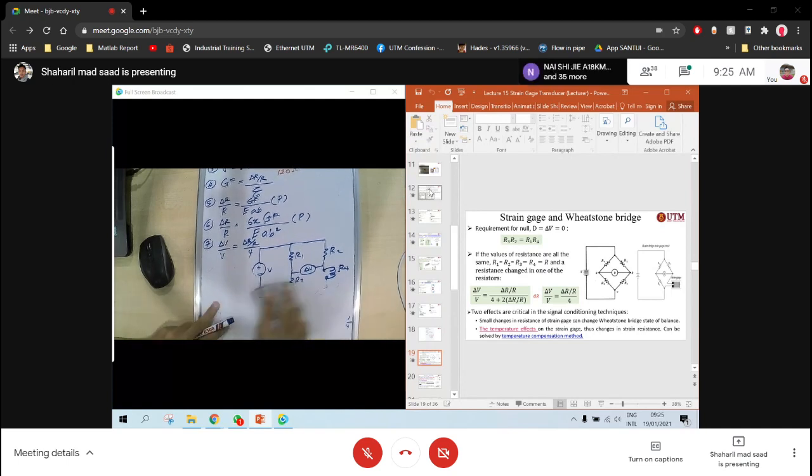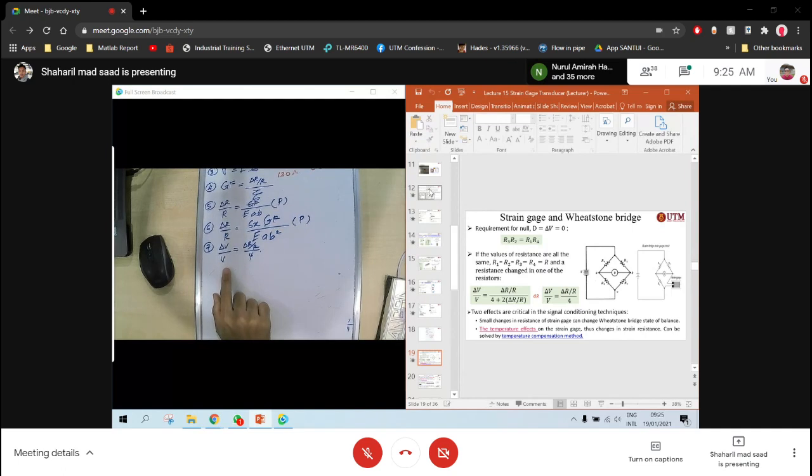Right. So formula number 7. You apply your strain gauge on the Wheatstone bridge, where V is V in.